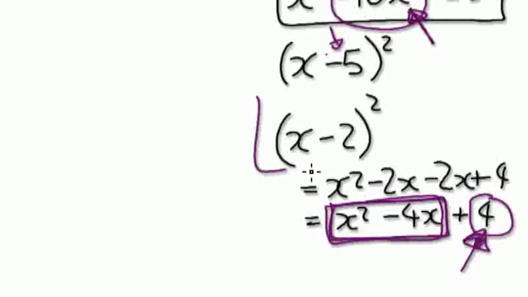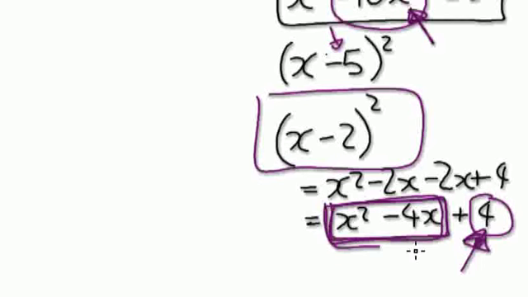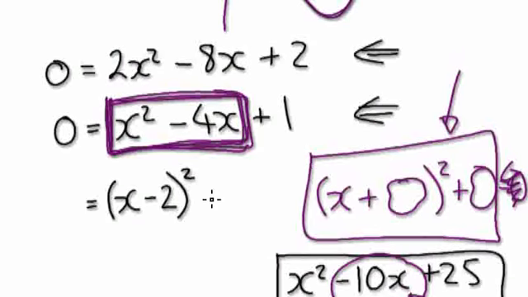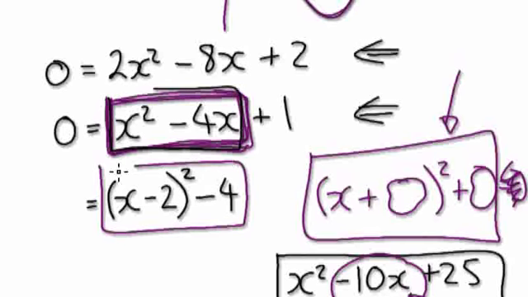So I know that if I write it like this, I'm going to get this whole thing here. I only want to keep this bit here, but then I've got this rubbish here. So I immediately take away that rubbish. So I immediately take away 4. So this whole thing here is the same as this bit here. And then I'm just going to take the 1 down.